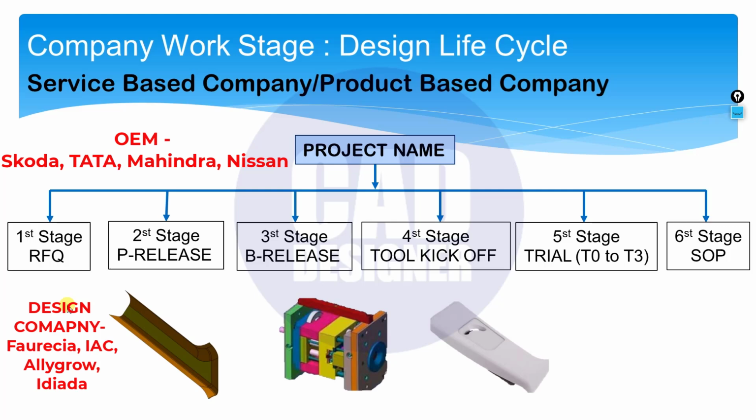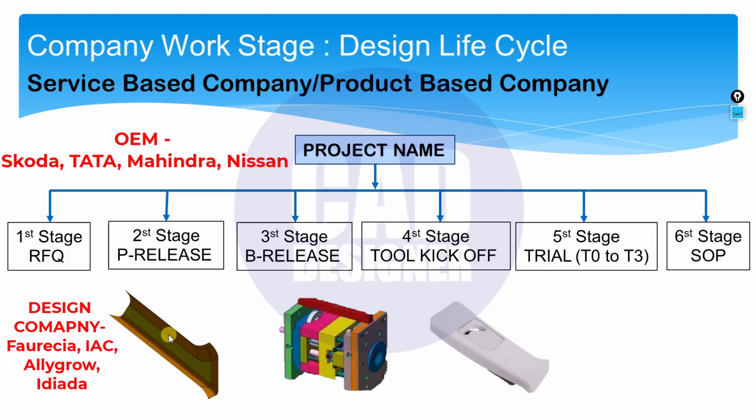Then these three companies create the initial concept data of that pillar. They create the master sections, and they create the packaging study, considering whatever slider and lifter requirements there are. Also the material is decided, the weight of the part is decided, then the mold costing is decided, the design costing is decided, and the timeline required for that part is also decided.